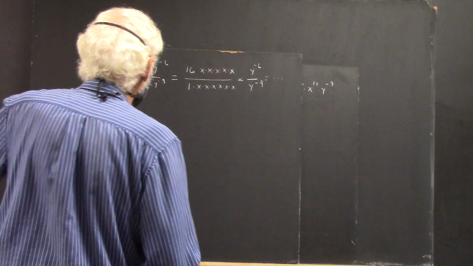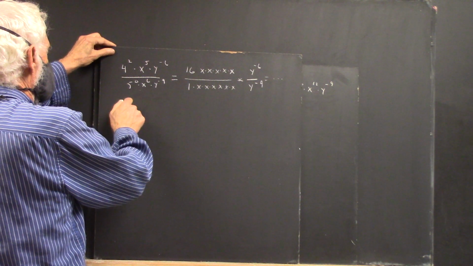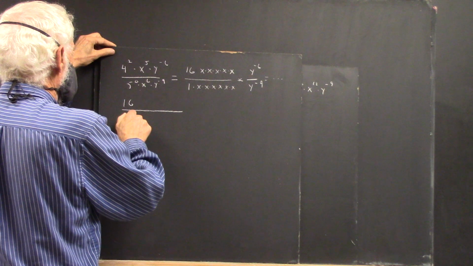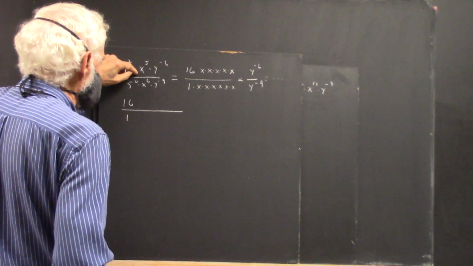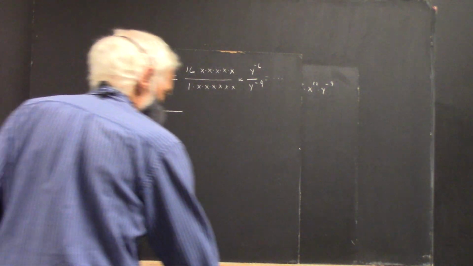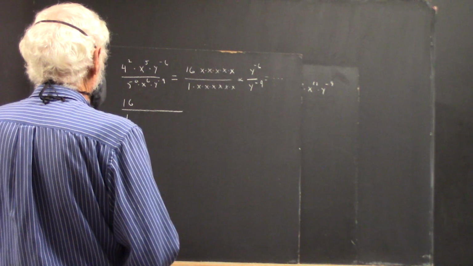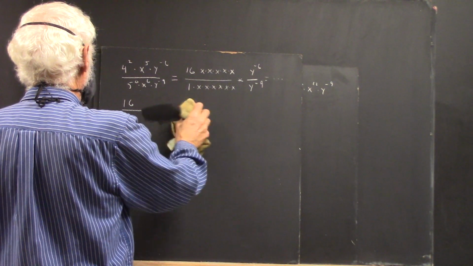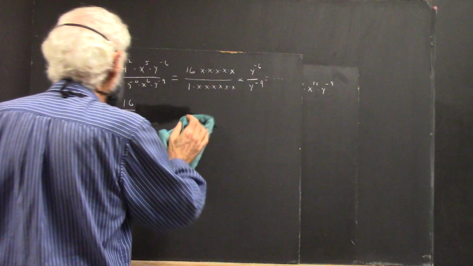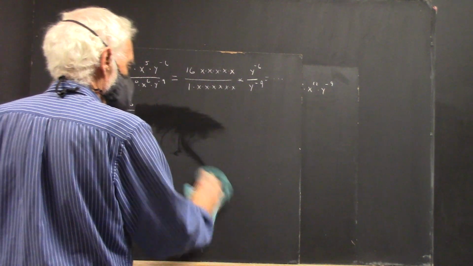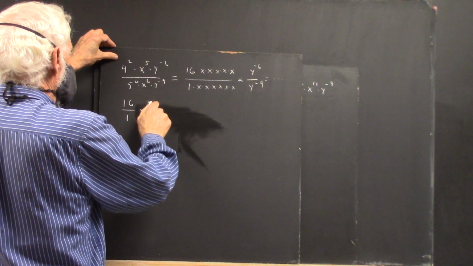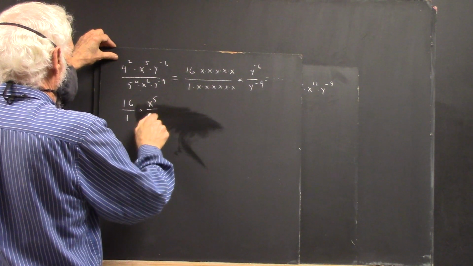Be careful. What we can say is that this is 16 over 1, x to the 5th over x to the 6th. This is the way I work it out.